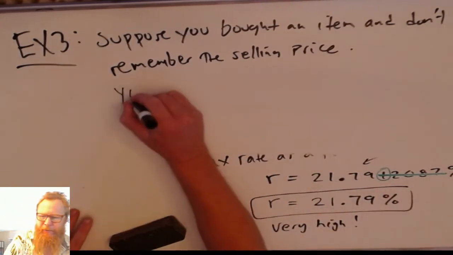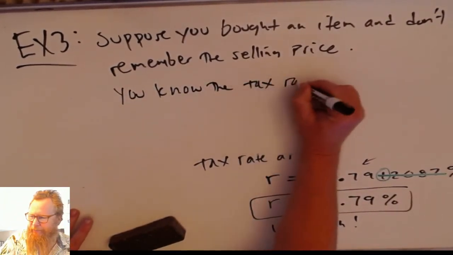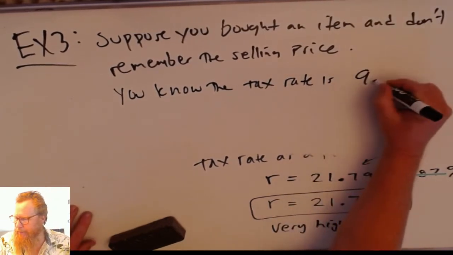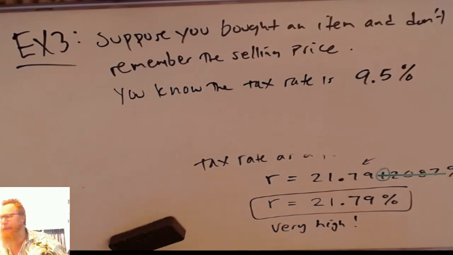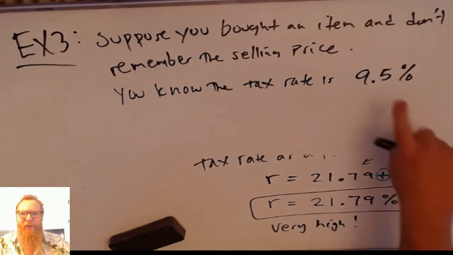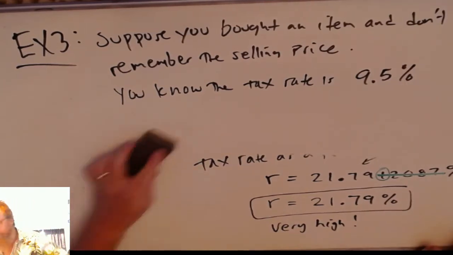But the tax rate is 9.5%. That's more like California, or not the whole state, but most counties have that 9.5%. I think in Palm Springs it's closer to 10, like 9.85 or 9.75 or something like that.